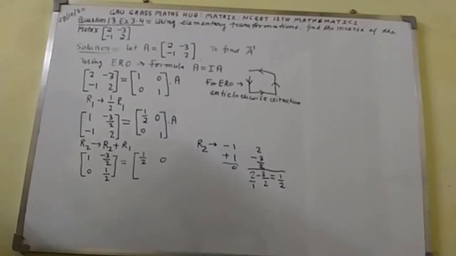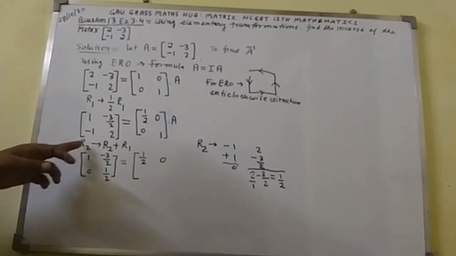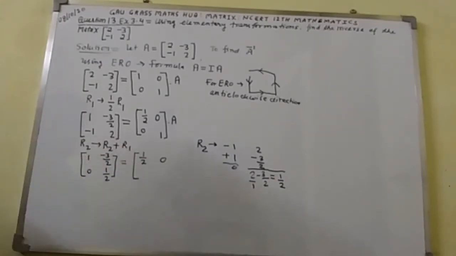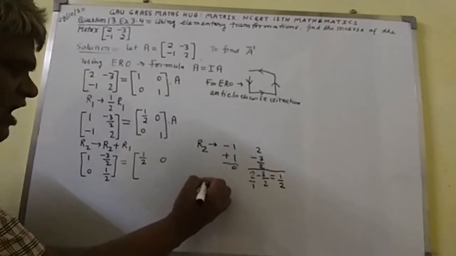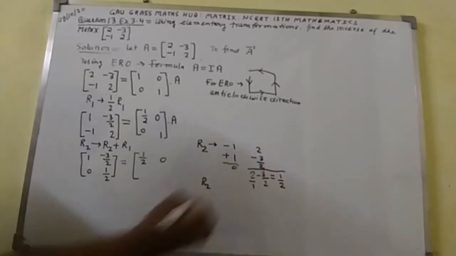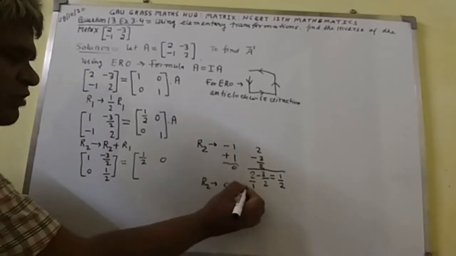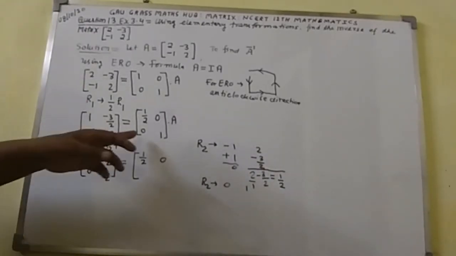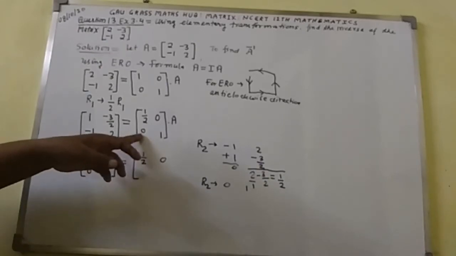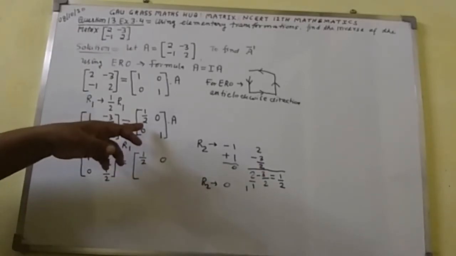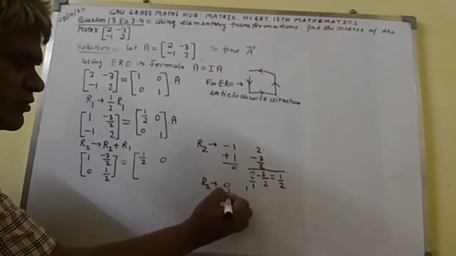So here you can see R2 goes to R2 plus R1. So here I shall write R2 goes to the elements of R2 here 0, 1. The respective element of 0 in the first row is 1 over 2. So here I shall write 1 over 2.